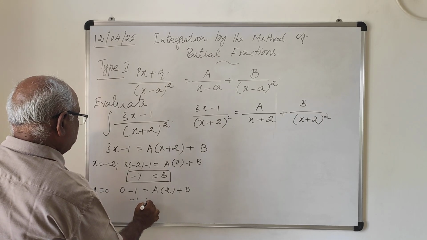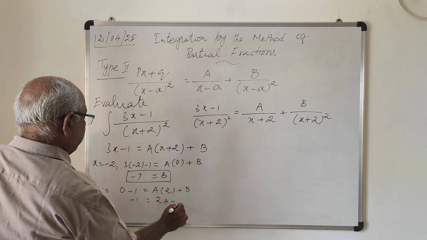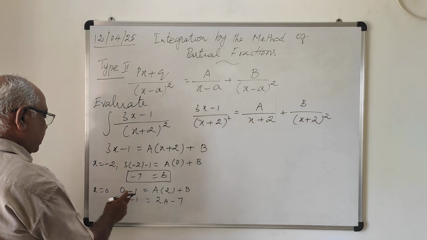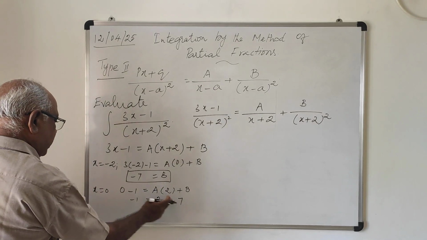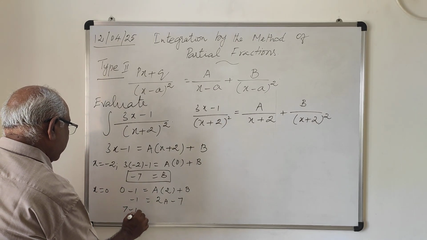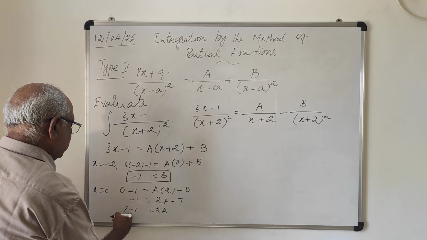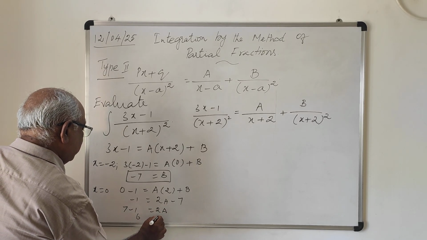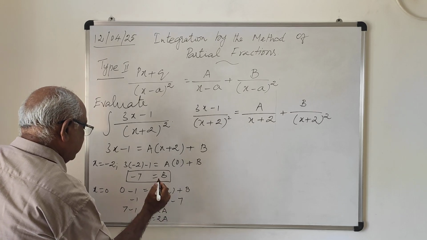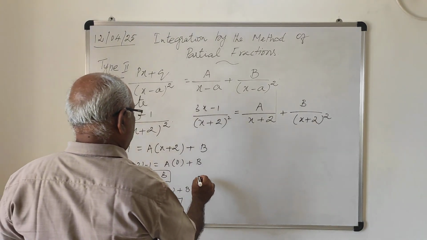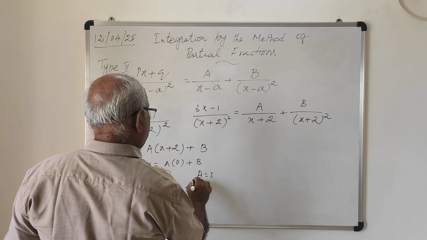So minus 1 equals 2a plus b, and b is minus 7. If you bring this minus 7 to the left hand side, it becomes plus 7 minus 1 equals 2a. So 2a equals 6. From this, a equals 3.